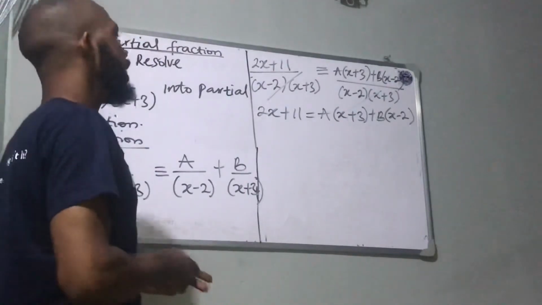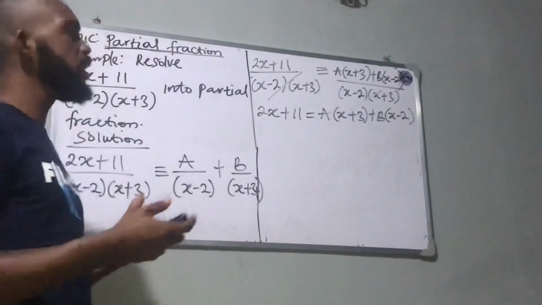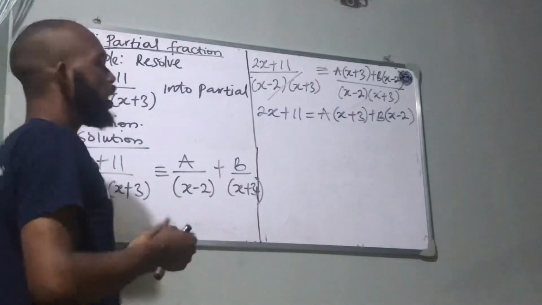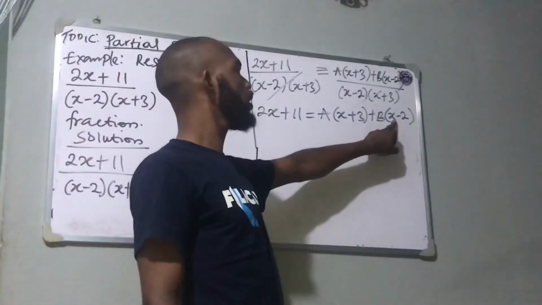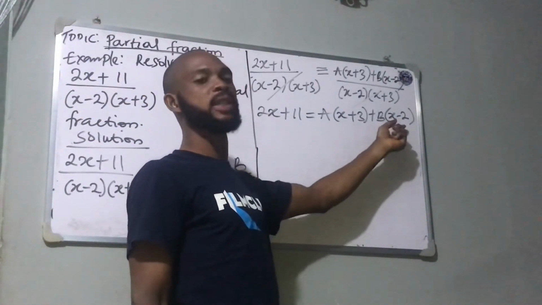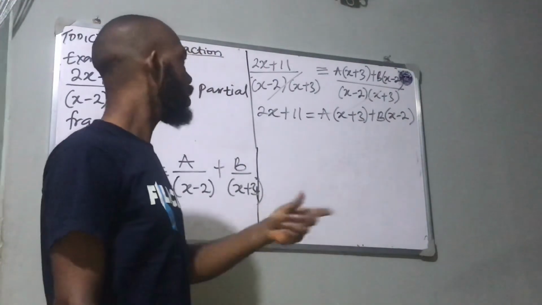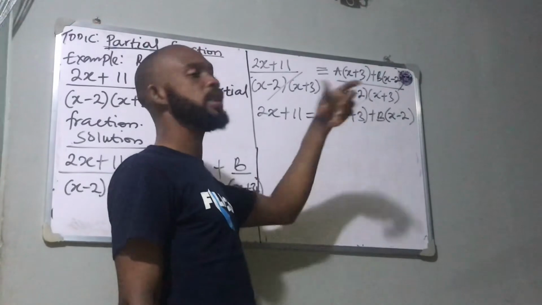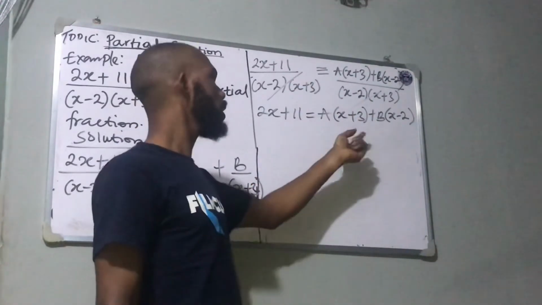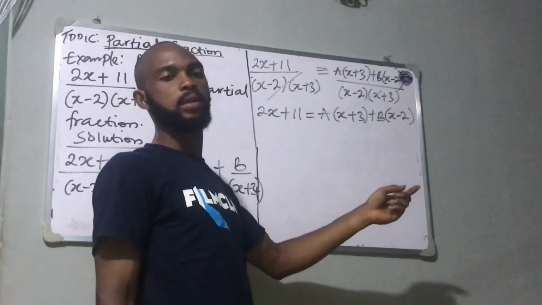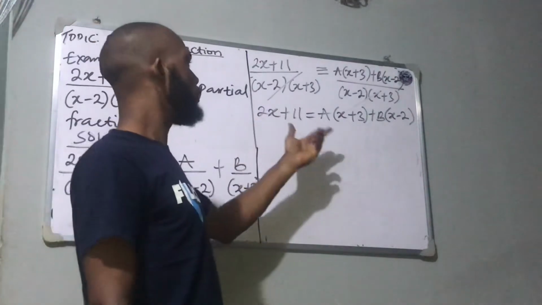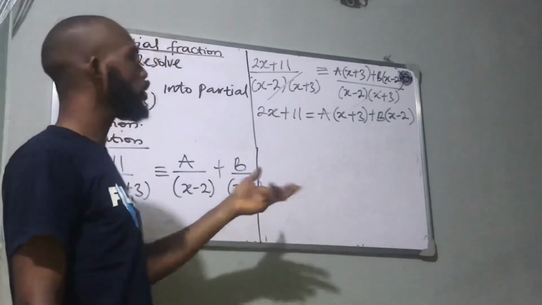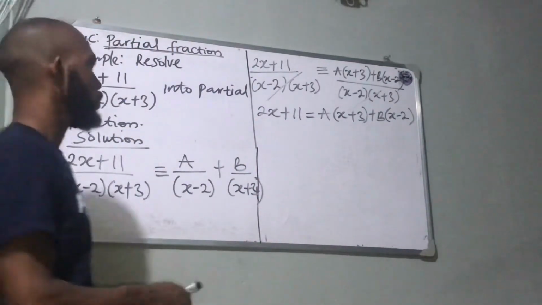Now for me to find a or b, all I need to do is, if I put my x as 2 here, definitely b becomes 0, I'll be left with a. Or if I put my x as minus 3 here, definitely minus 3 plus 3 is 0, 0 times a is still 0, I'll be left with b. So you can decide to put your x as minus 3 or x as 2.